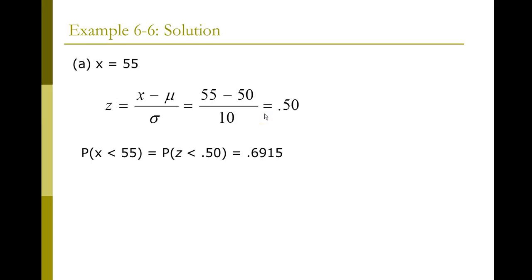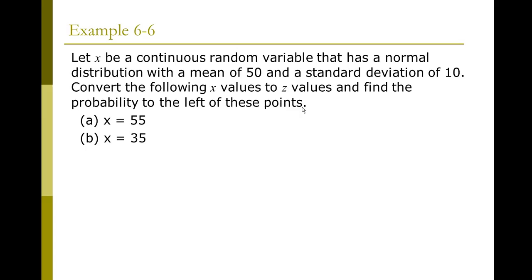So that's what they do here. Take 55 minus 50. So the value that you want to convert, we want to convert 55, minus the mean, minus 50. How far is 55 from 50? And then divide by the size of the standard deviation, divide by 10. We get this.